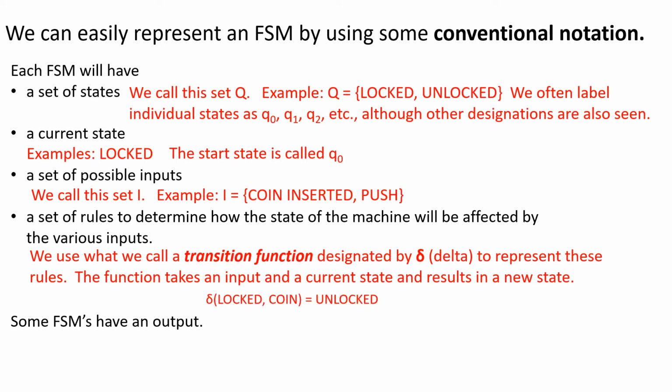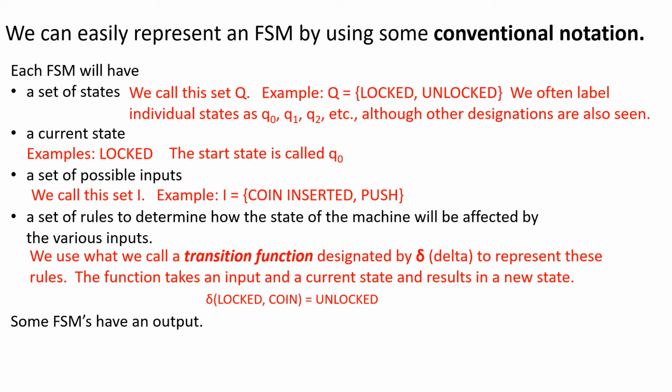Okay, here's an example for our turnstile. This would be just one little part of this delta function for the turnstile. The input would be the coin.